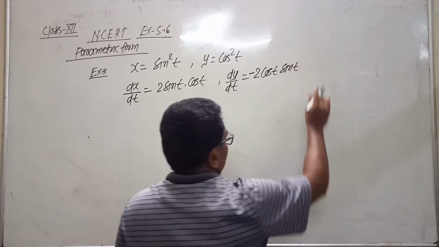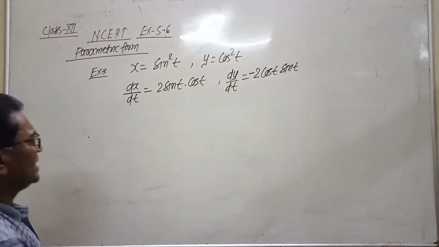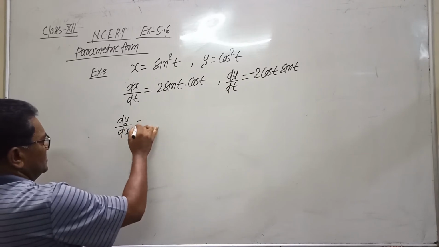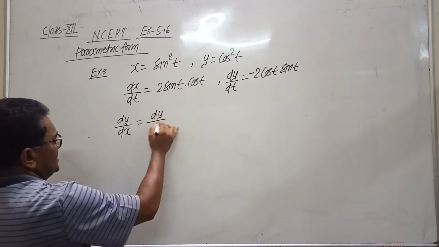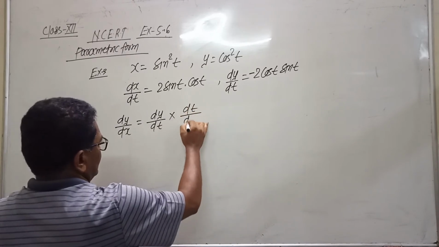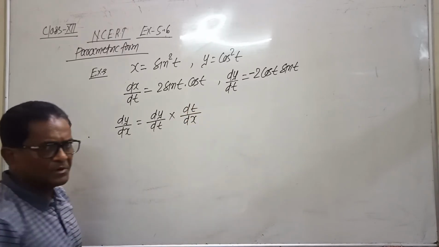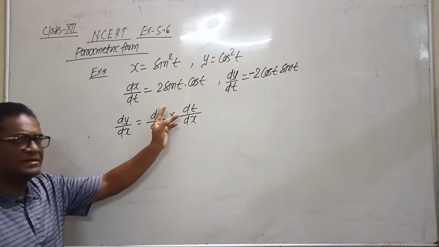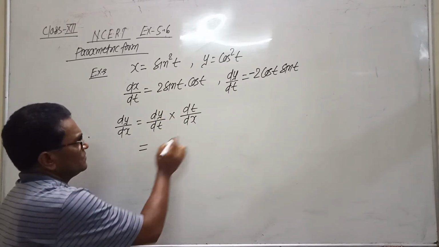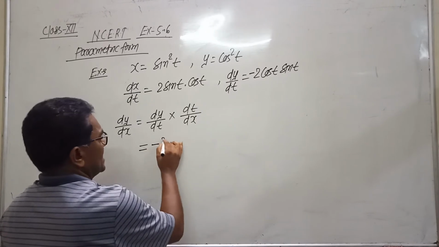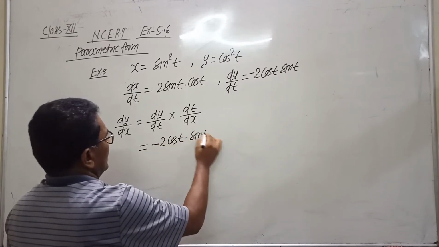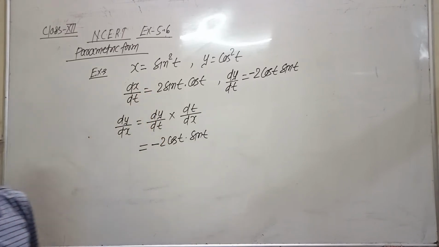Now to calculate dy by dx, we will write dy by dt into dt by dx, because dt and dt get cancelled and it comes dy by dx. Put the value of dy by dt, so minus 2 cos t into sin t, and we have dx by dt.